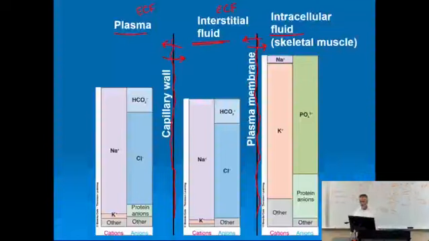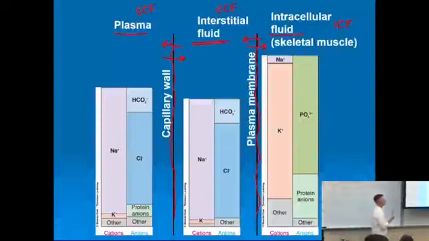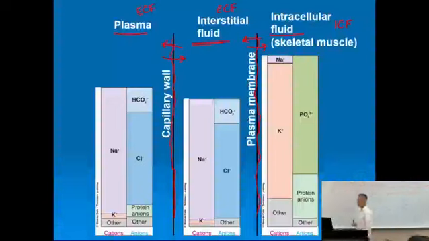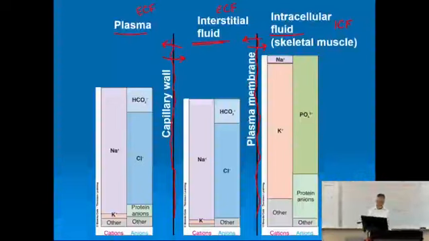So what we're seeing here is 2 compartments of extracellular fluid, one of the blood, one of the interstitial fluid in the tissue, and then 1 compartment of intracellular fluid. So if we compare our 2 extracellular environments and the distribution of electrolytes there, we can see they're very similar.